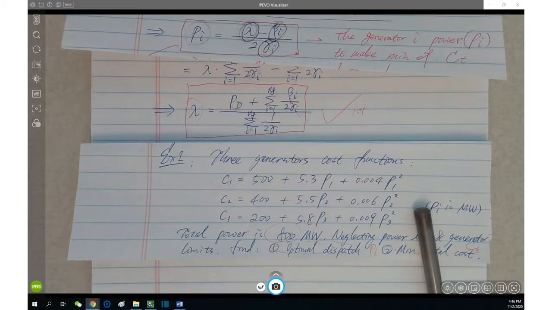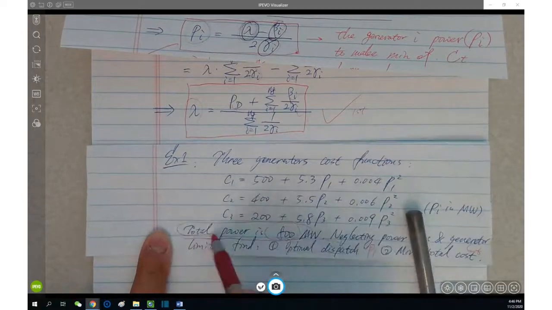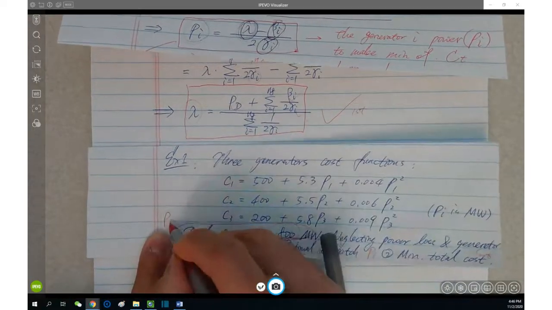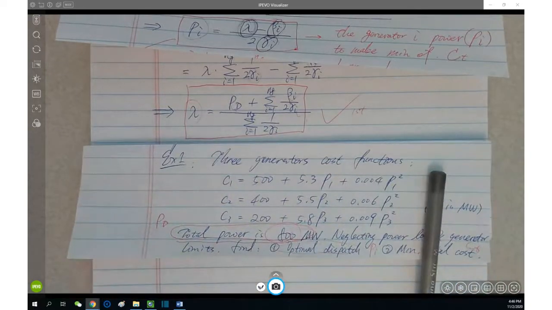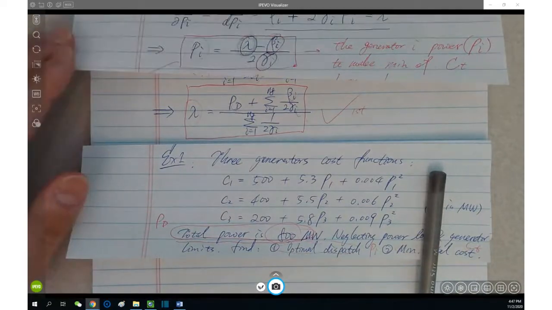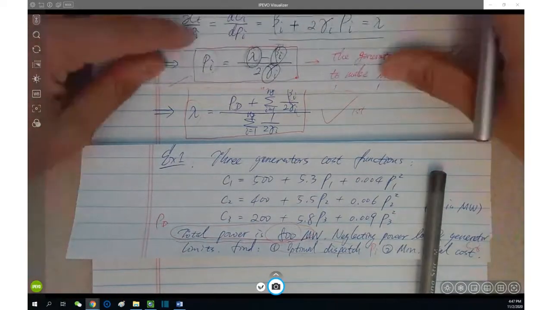That's right. But here, PD is given. The total required power is 800. That's the PD. That is right. P1 plus P2 plus P3. Yes, that is right. However, you're not doing anything like that.